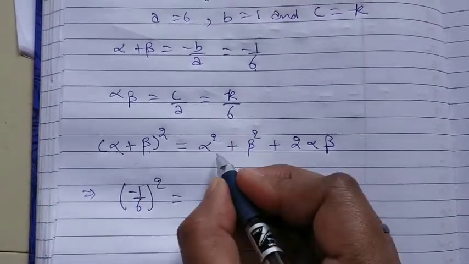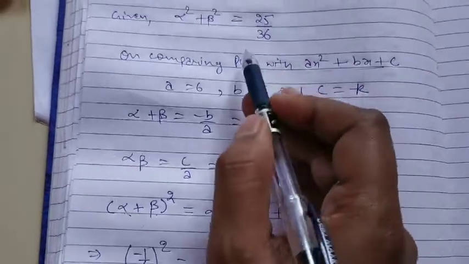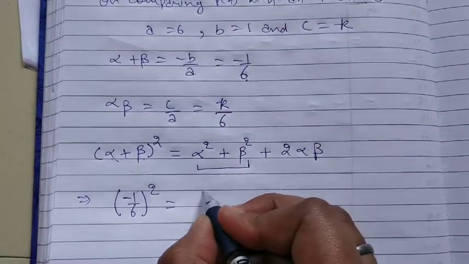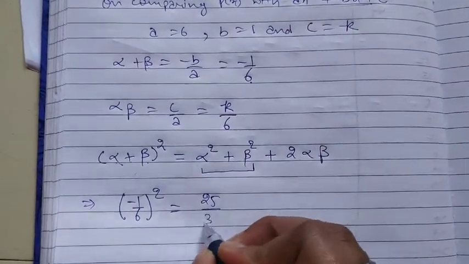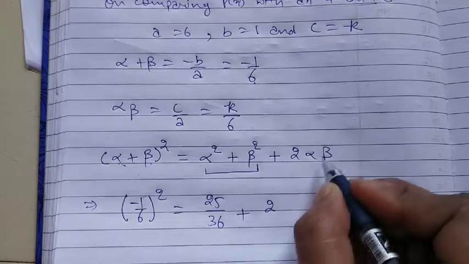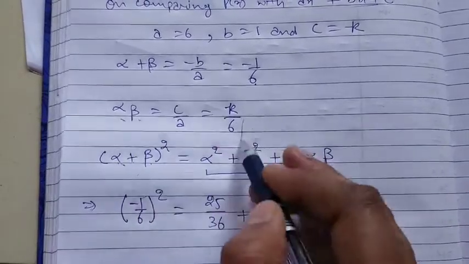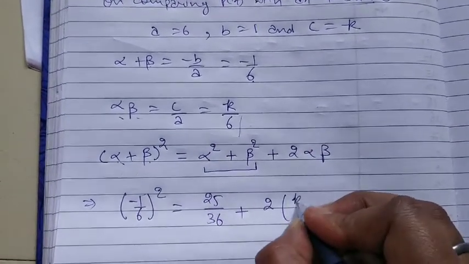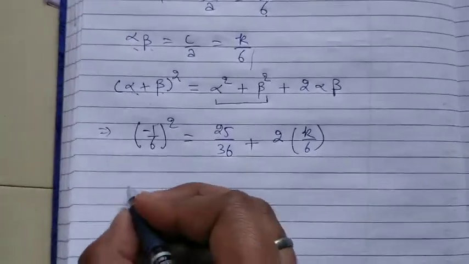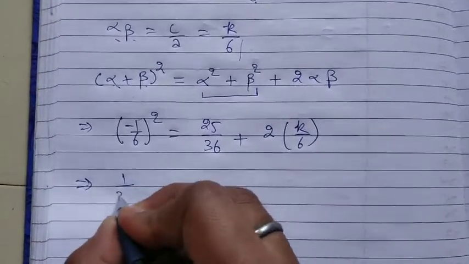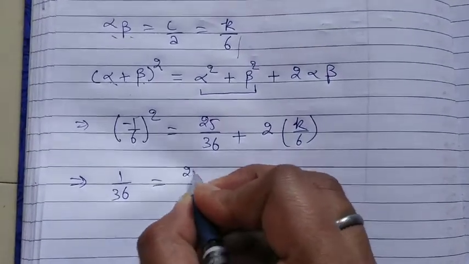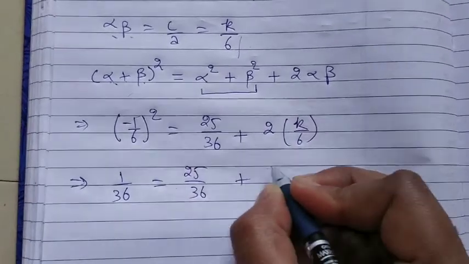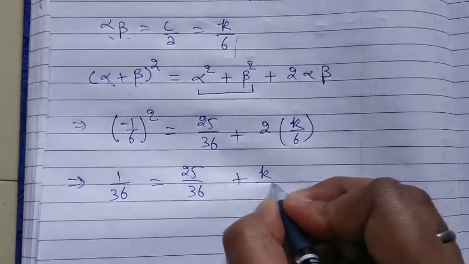Alpha square plus beta square is given, it is 25 by 36, plus twice of alpha into beta. Alpha into beta is k by 6, so this is equal to 1 by 36, equals 25 by 36 plus k by 3.